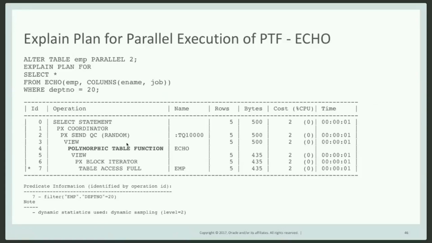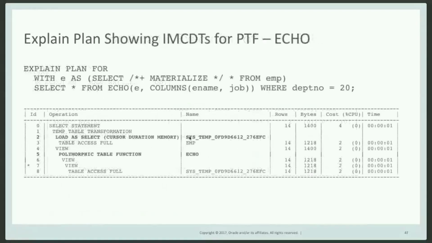You can take the same function, echo, and do the echo without having to understand what happens if we have two parallel execution slaves running. You're just going to inherit the ability to parallelize your operation without having to get into the internals.